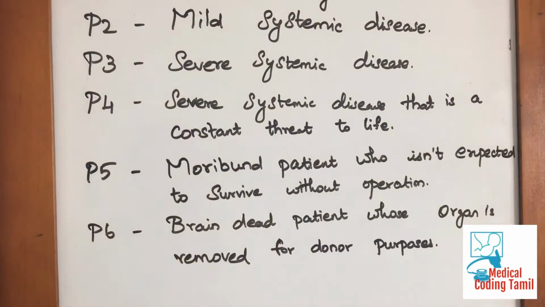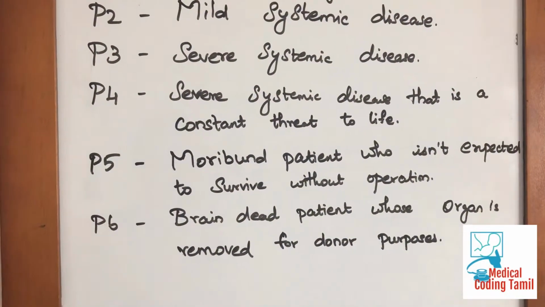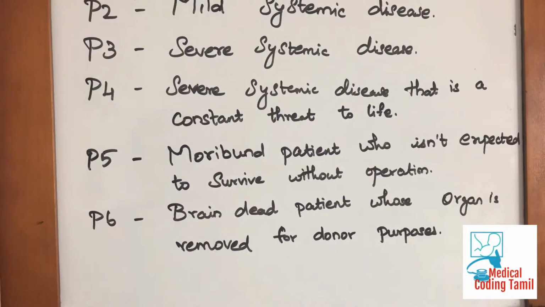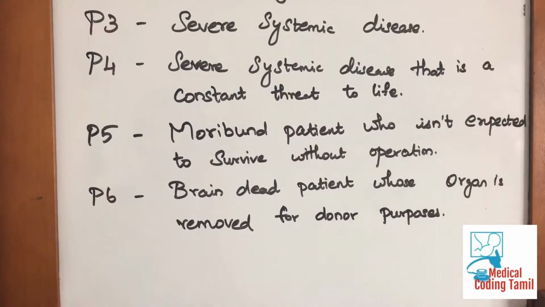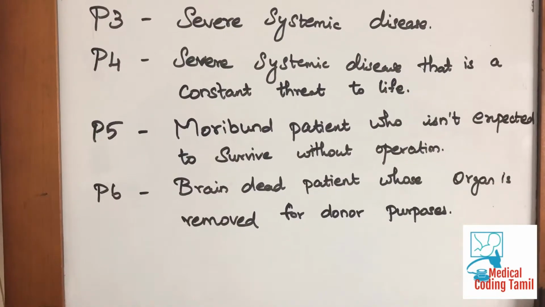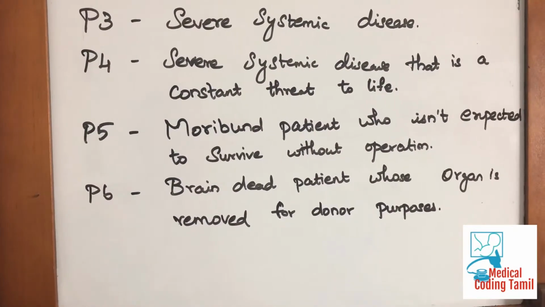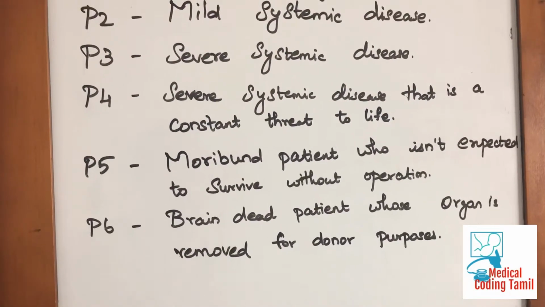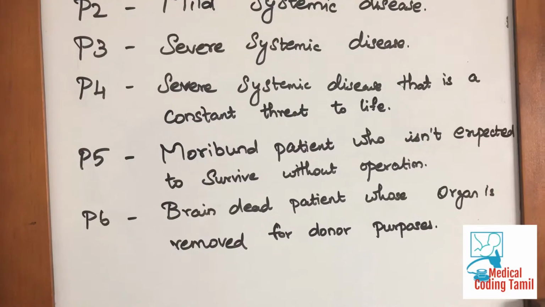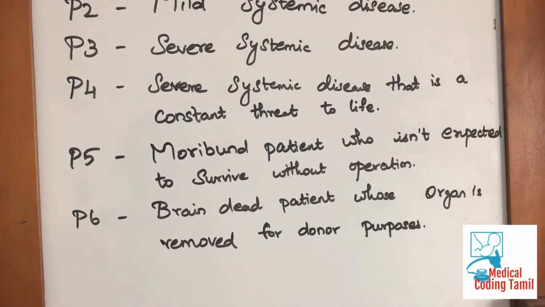P4 is severe systemic disease that is a constant threat to the life of the patient, and P5 is a moribund patient who is not expected to survive without the operation. P6 is a brain dead patient whose organs are removed for donor purposes. These are the anesthesia modifiers, which can only be used with the anesthesia codes.